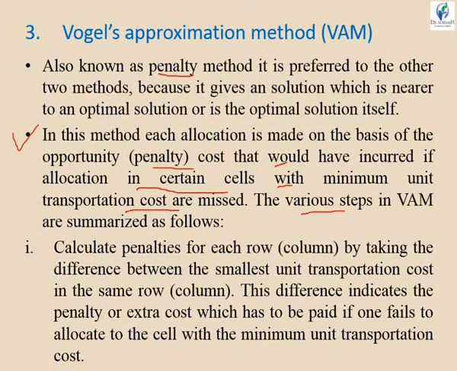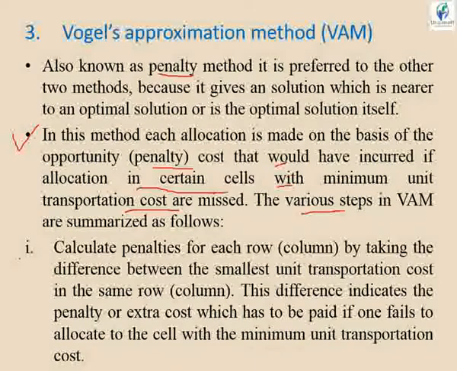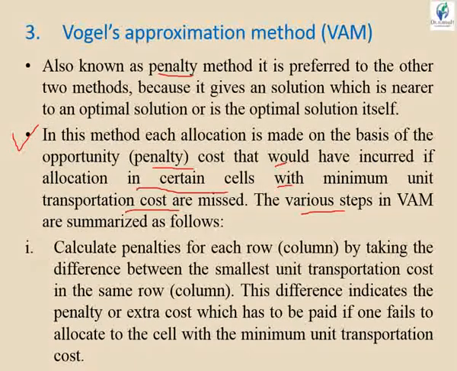The first step is to calculate the penalties for each row and column by taking the difference between the smallest unit transportation costs in the same row or column.